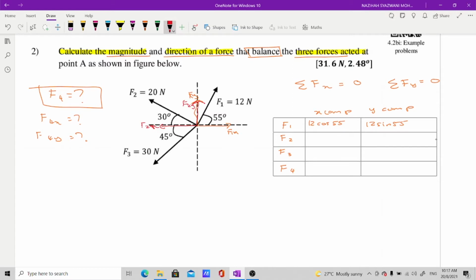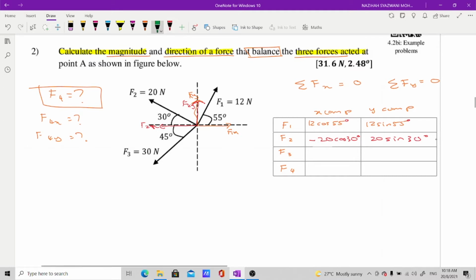For F2x, it is acting to the left, so that would be negative 20 cos 30 degrees. For F2y, it is pointing upward, so it is a positive value. That would be 20 sine 30 degrees.